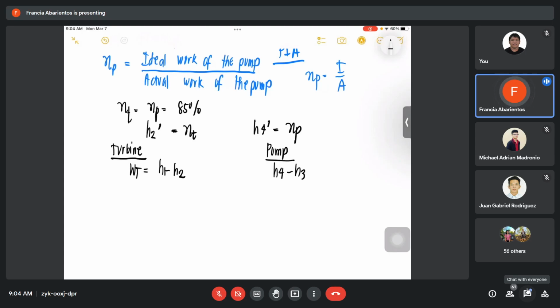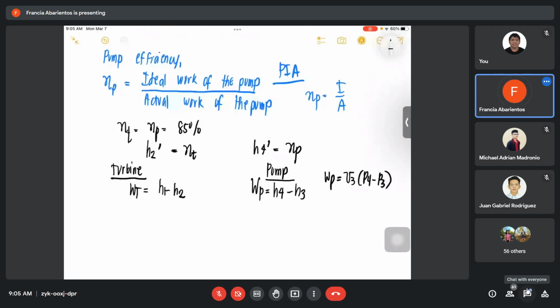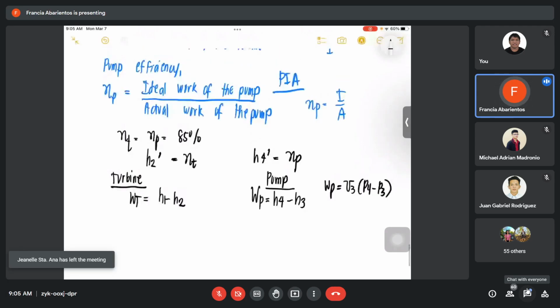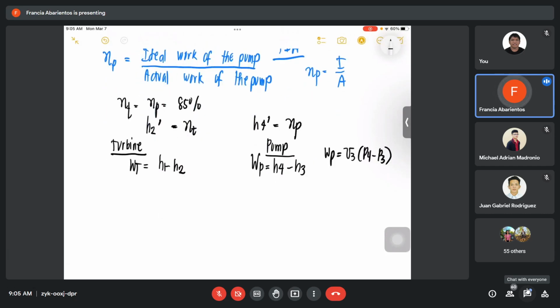Pero hindi naman talaga to yung ginagamit natin. Pag nakukuha tayo ng work of the pump, we make use of this one. Okay. But since we have now the actual, in the actual Rankine cycle, ito muna yung gagamitin natin when given sa atin yung efficiencies. Okay. So, turbine tayo, focus.